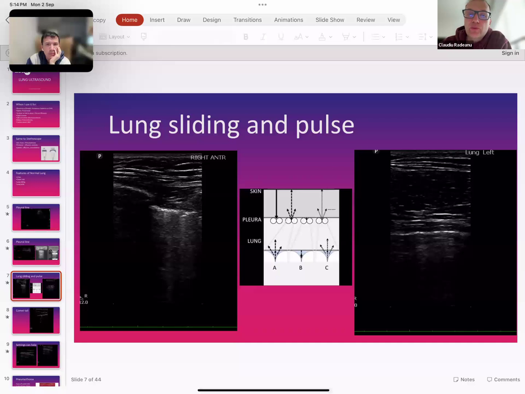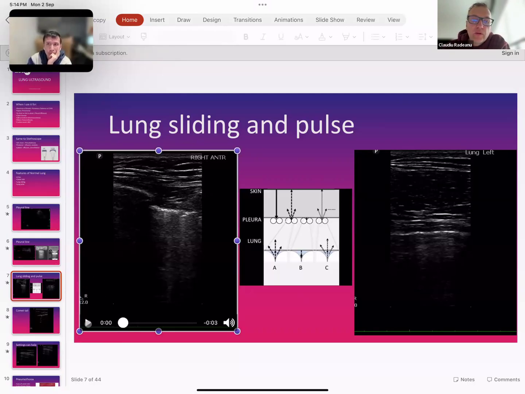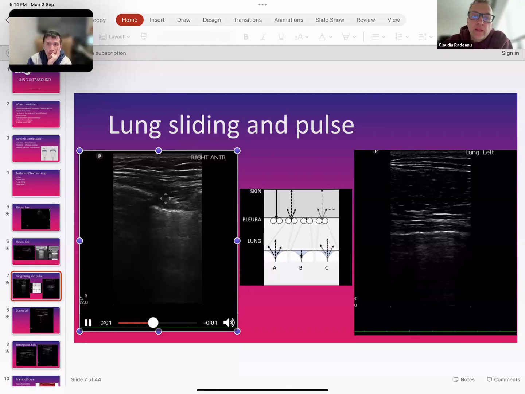Because we're going to go to lung sliding as the next one. No? All right, so lung sliding, it actually refers to, all right, this is more magnified. So we just zoomed in on this pleura.